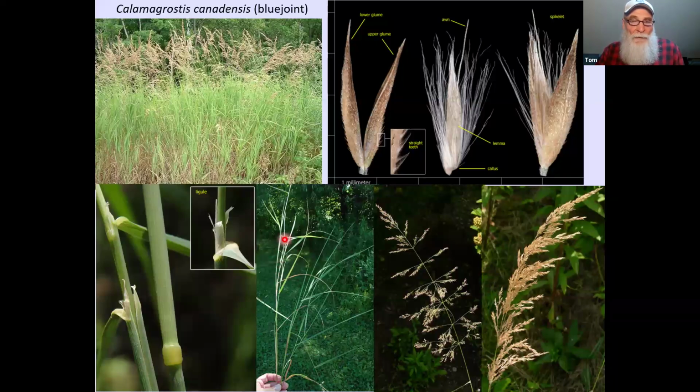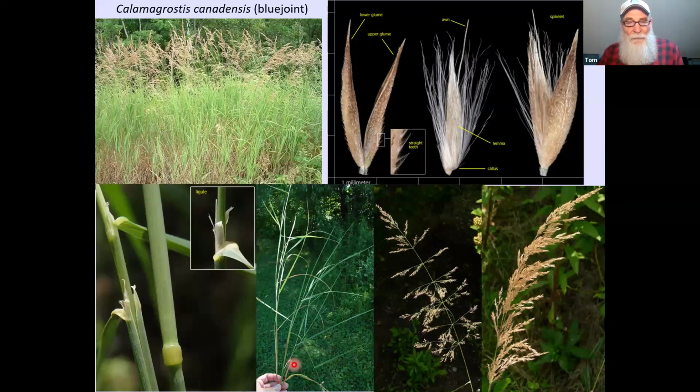And quite often towards the top of the plant, there's a lot of leaves all clustered together in a bit of a tuft, you might say. That is, to me, a very good gestalt identification for blue joint. Plus the fact that blue joint does have this bluish green tint to it, a little bit more so than reed canary grass does.